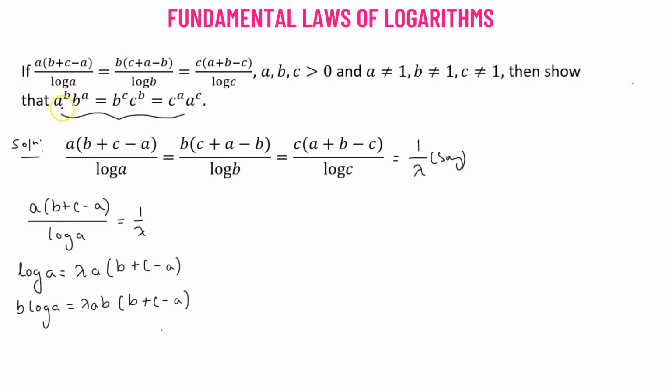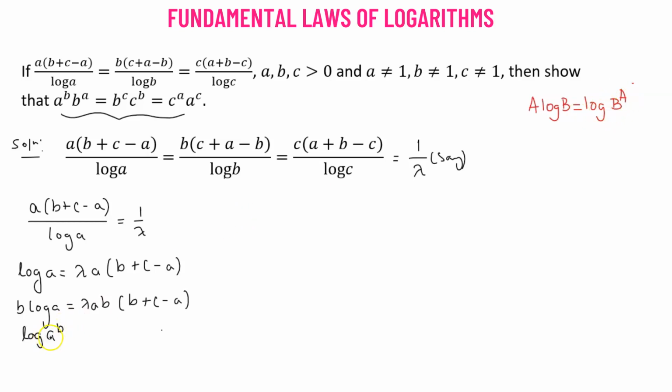Now here we have in our expression a raised to the power of b, and when we multiply b with log of a, we can rewrite it as log of a raised to the power of b by using a property of logarithm. That means if we have a multiplied to log of b, that's equivalent to log of b raised to the power of a.